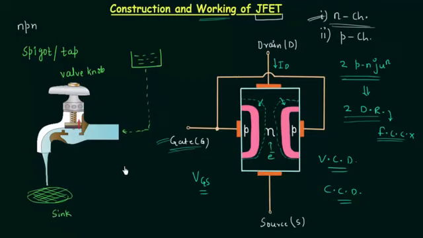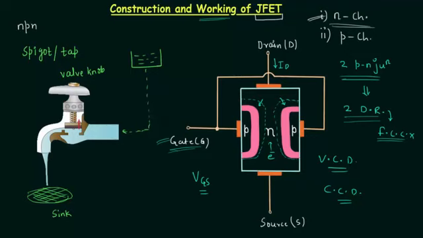Now let us try to compare the working of JFET with the working of the spigot. Water is coming out of the spigot because of potential difference. The potential of this stored water is the reason for the water coming out of the spigot.